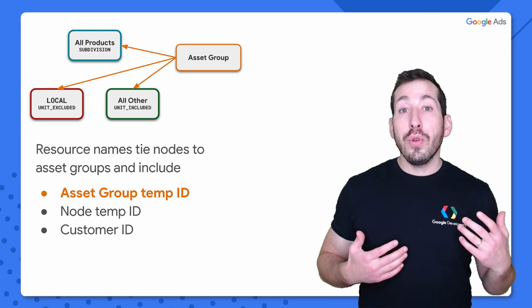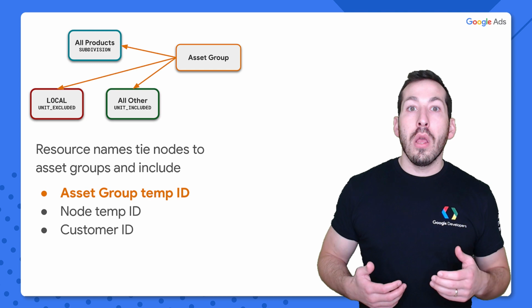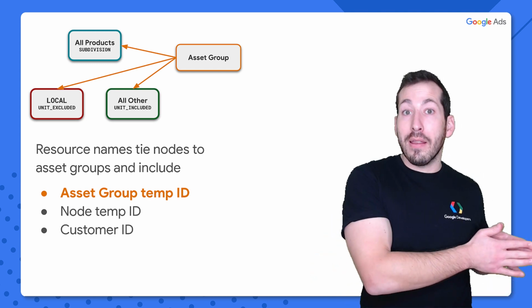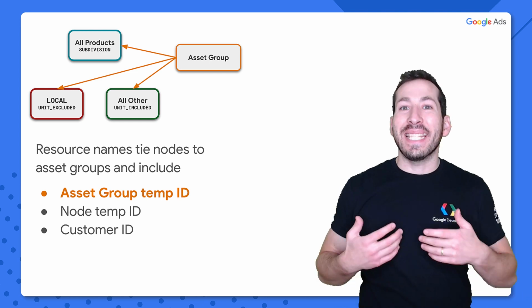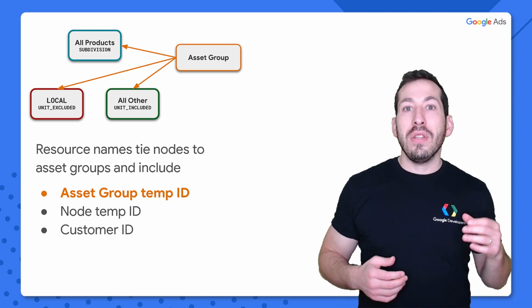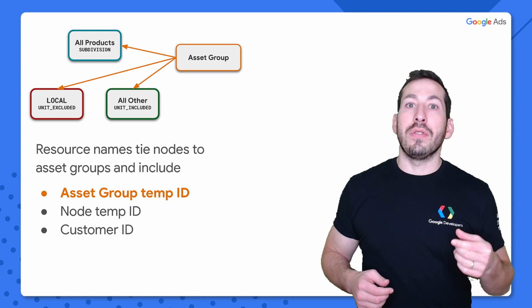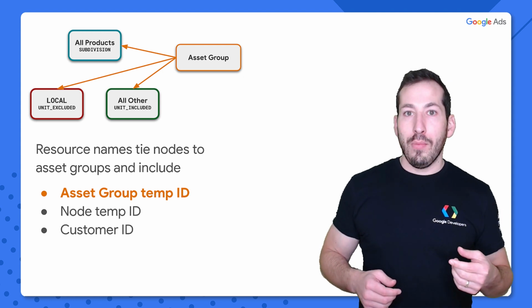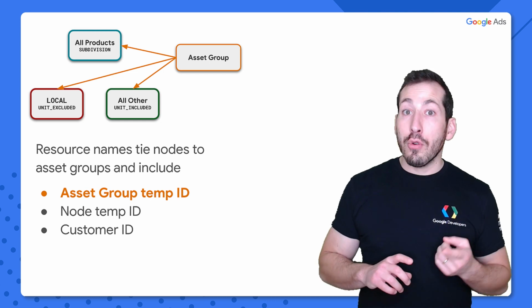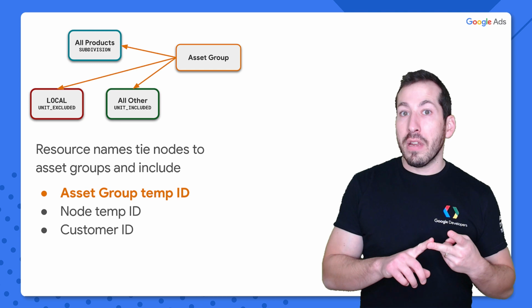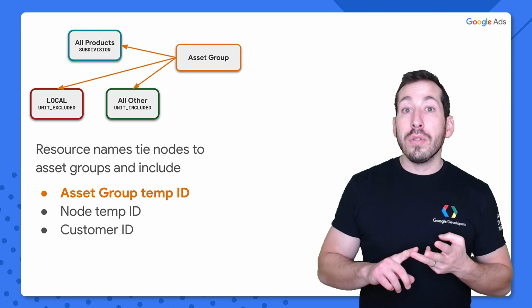And because we're using a bulk mutate operation to create both the asset group and the listing group filters, and therefore the product partition tree at the same time, we'll manually set that resource name on the asset group listing group filter object. That resource name will include the asset group temporary ID, a temporary ID that we generate specifically for each node, and of course the customer ID.